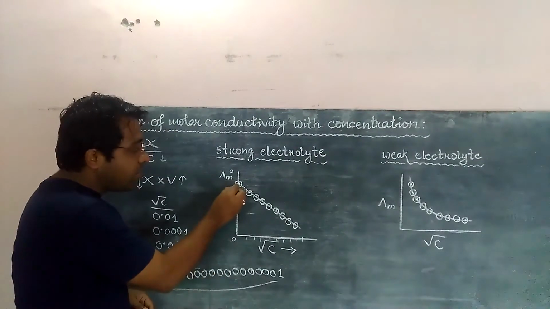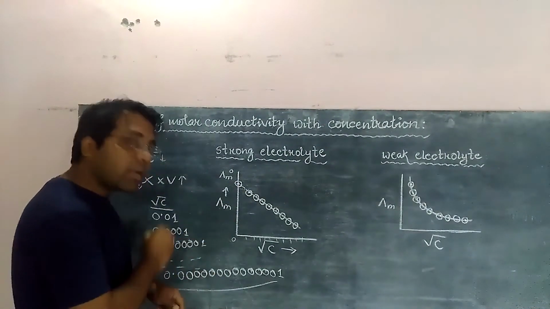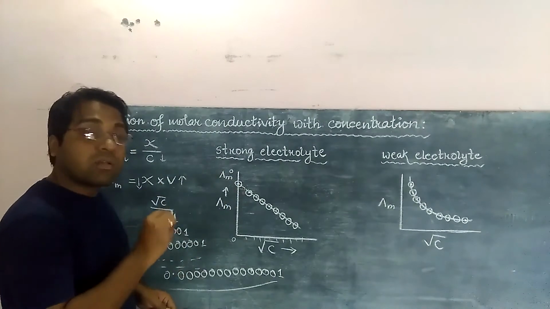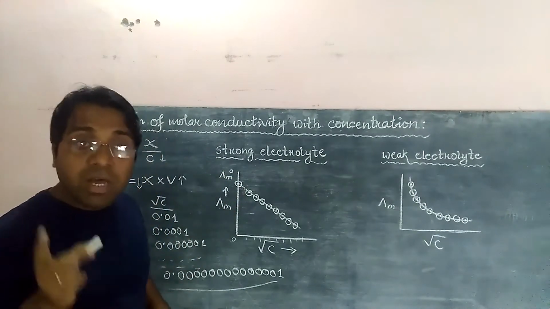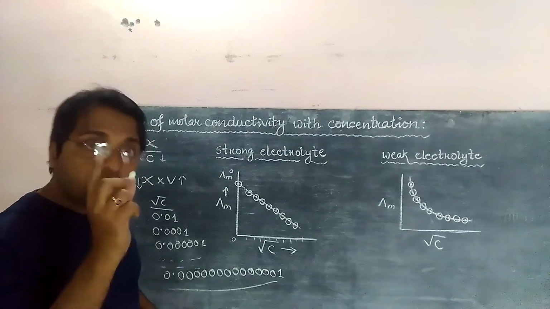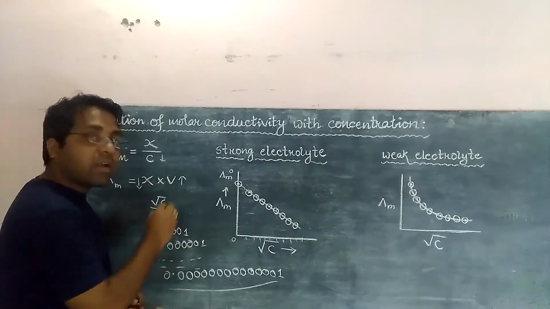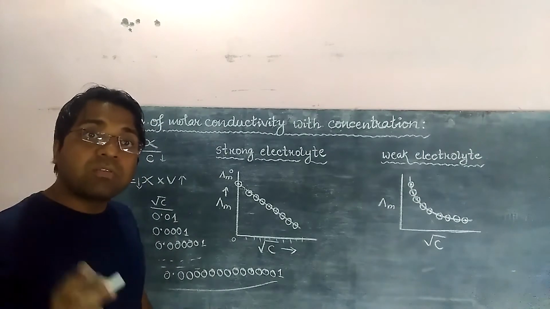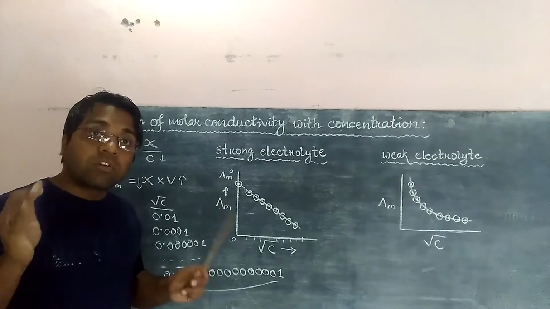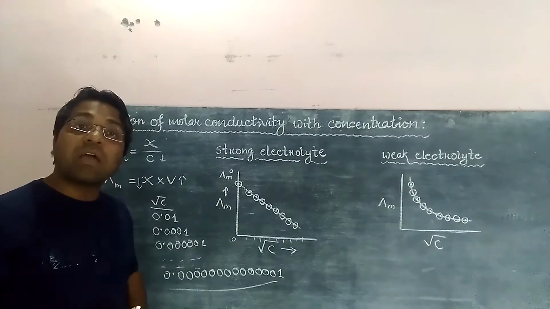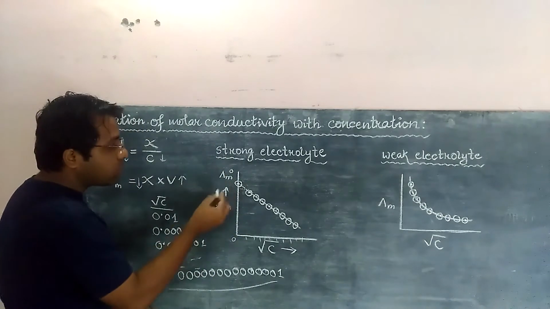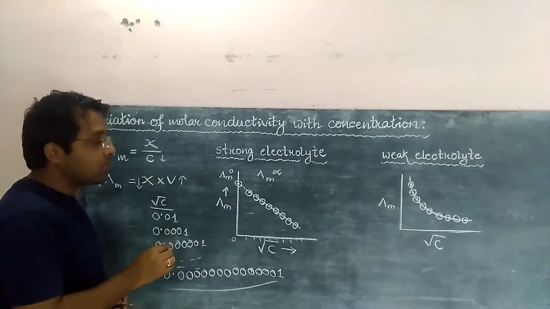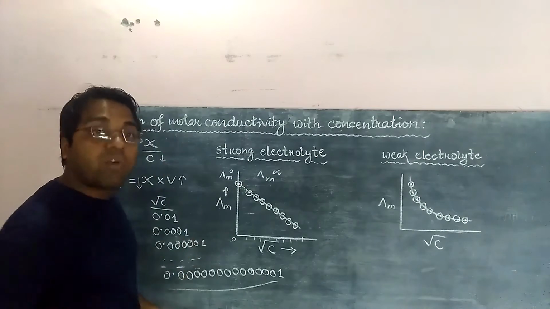This limiting value of molar conductivity is called limiting molar conductivity, also known as molar conductivity at infinite dilution. Infinite dilution means there is no further possibility of increase in lambda m. So lambda m naught may also be written as lambda m infinity, the molar conductivity at infinite dilution.